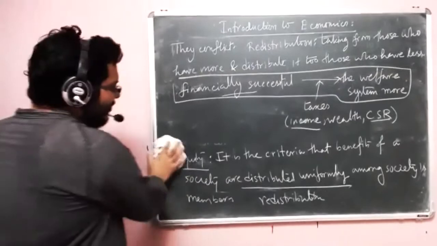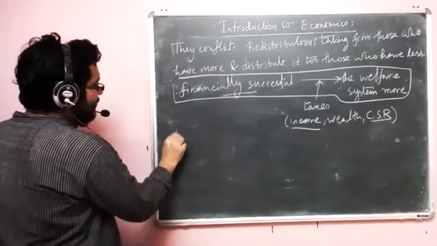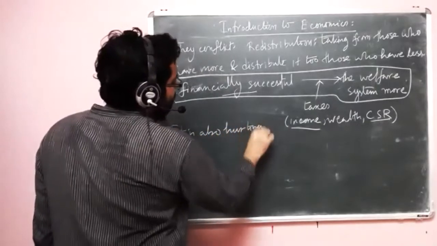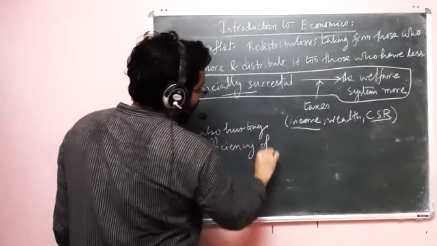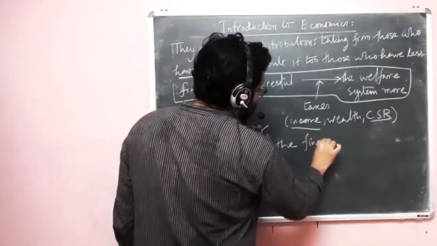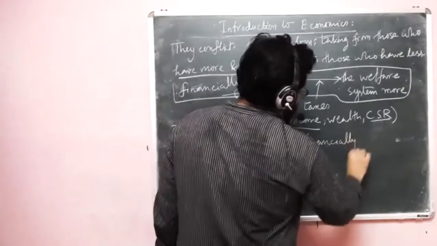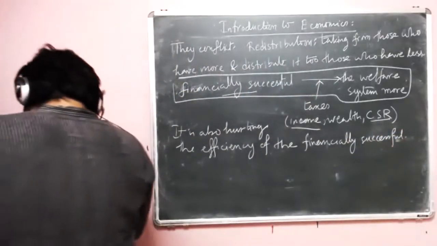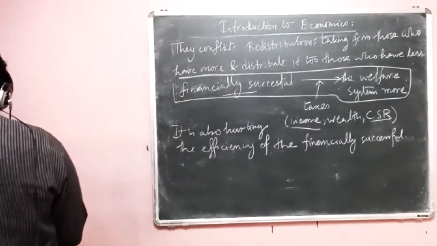But the area where it is not good is that it is also hurting the efficiency of the successful. Or rather, let me put it like this, because using just the word successful will make the situation more complicated. So the efficiency of the financially successful, by which we simply mean people who have more money. Okay, so and why? How do we do it?